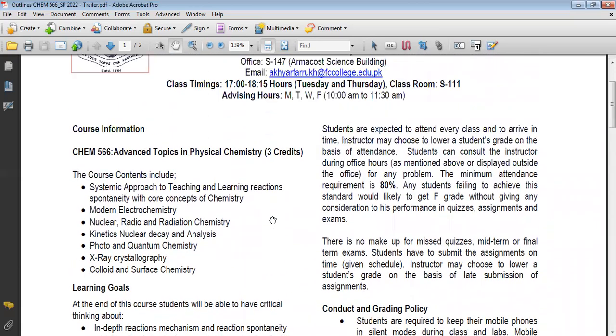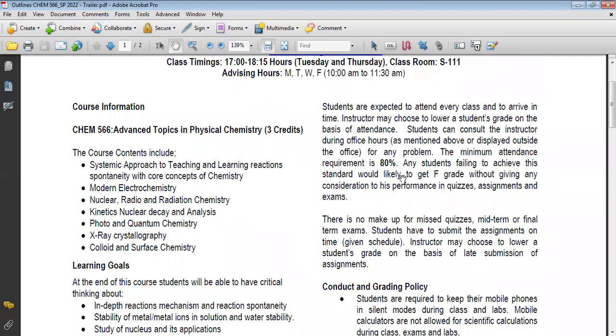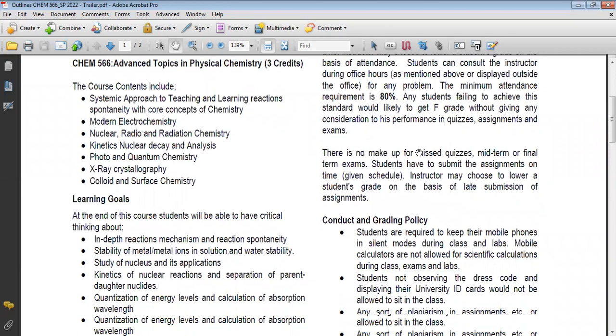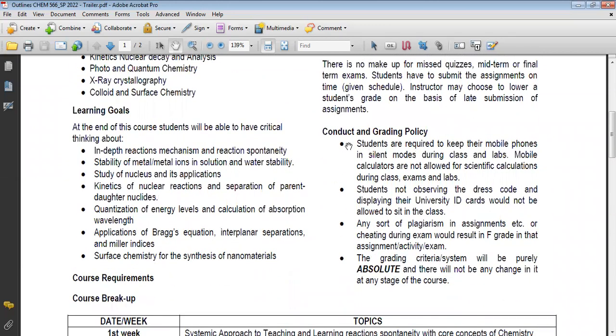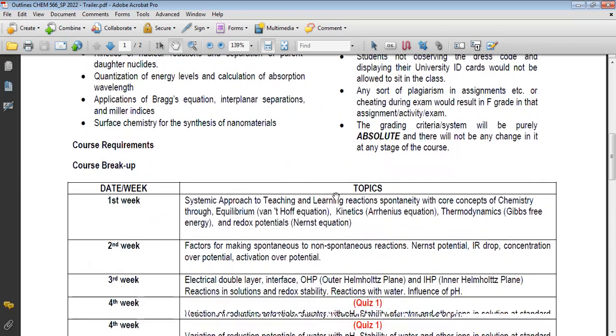Your course requirement is that you have to maintain at least 80% attendance in the classes, and this is your conduct and grading policy. I will follow absolute grading throughout the semester.